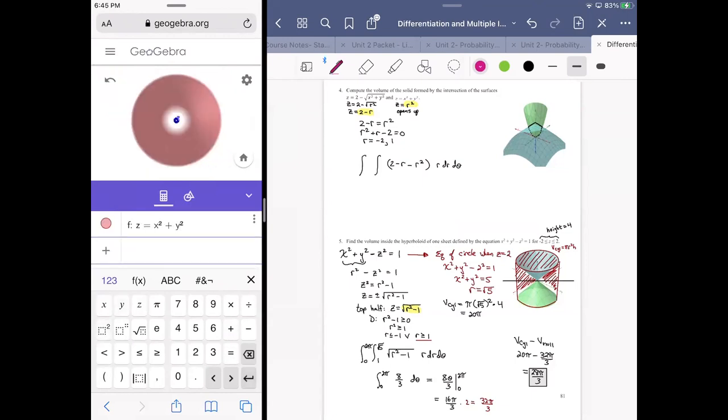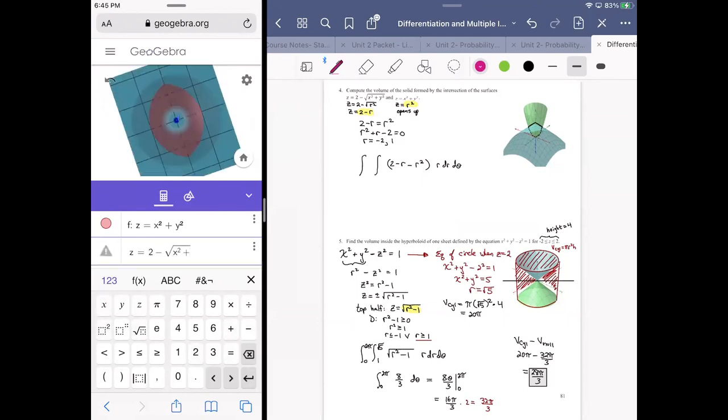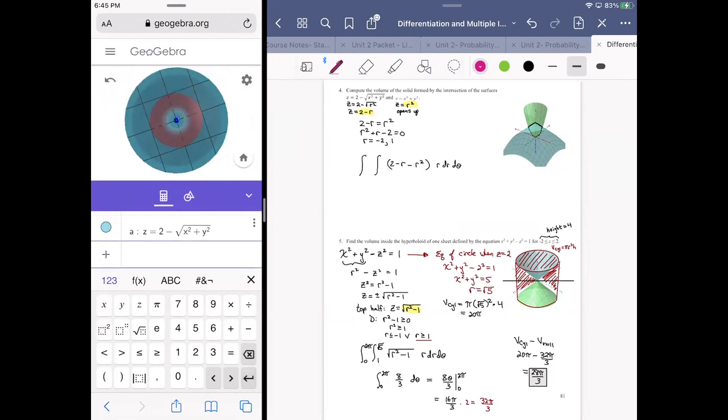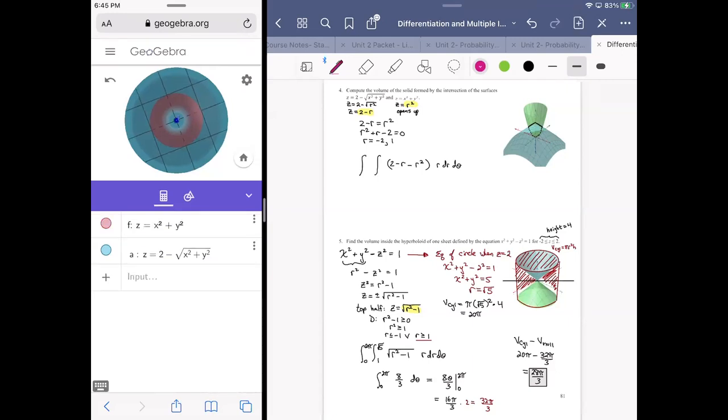And then we have z equals 2 minus the square root of x squared plus y squared.